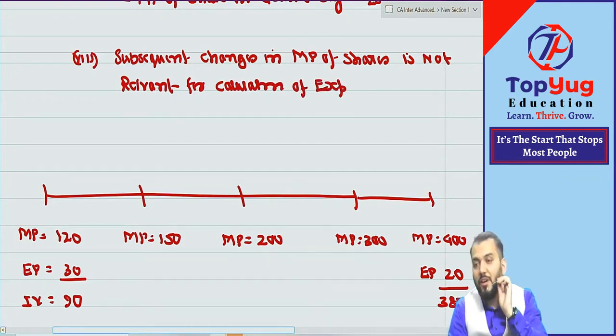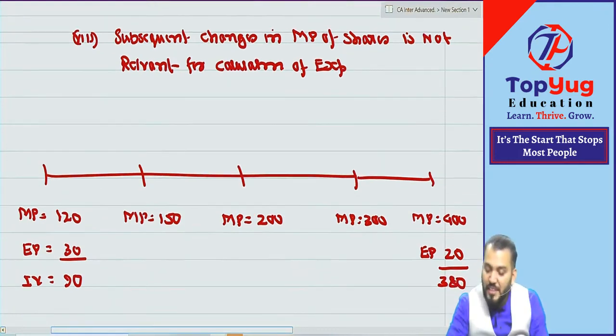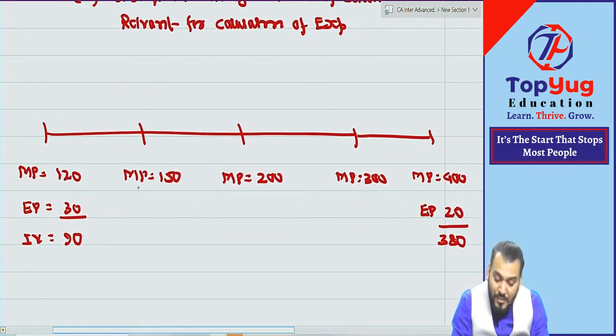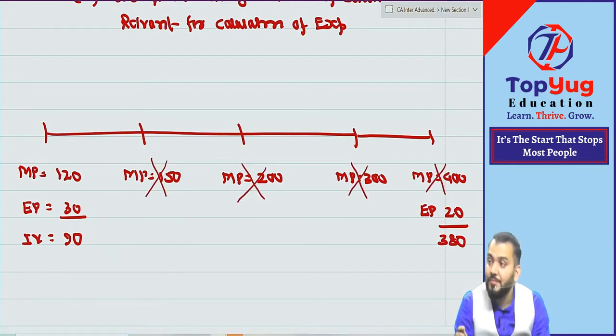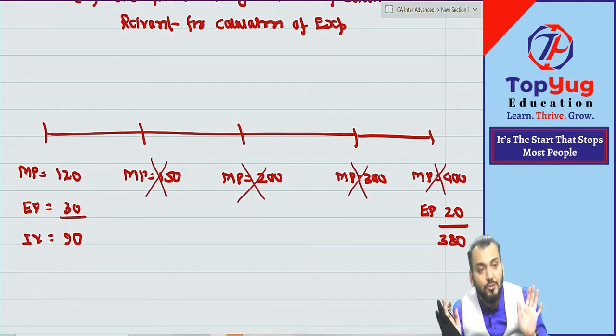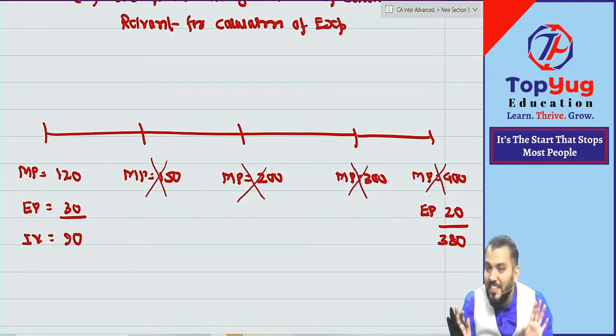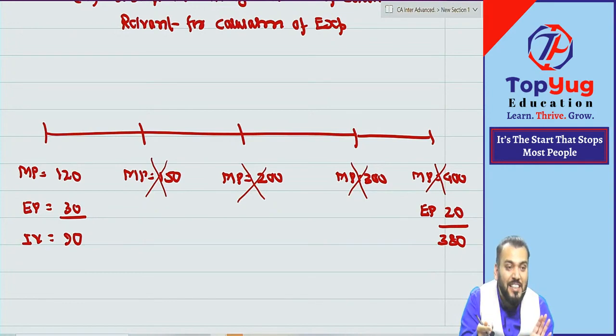If a subsequent market price is given, we should totally ignore it. We should not consider it, and we should book our expense based on the market price on which date?